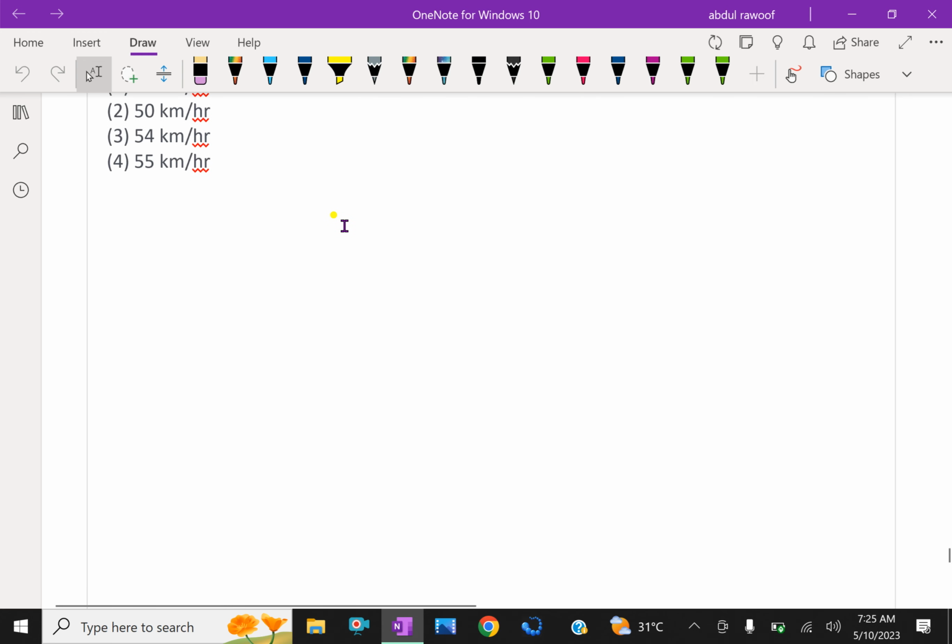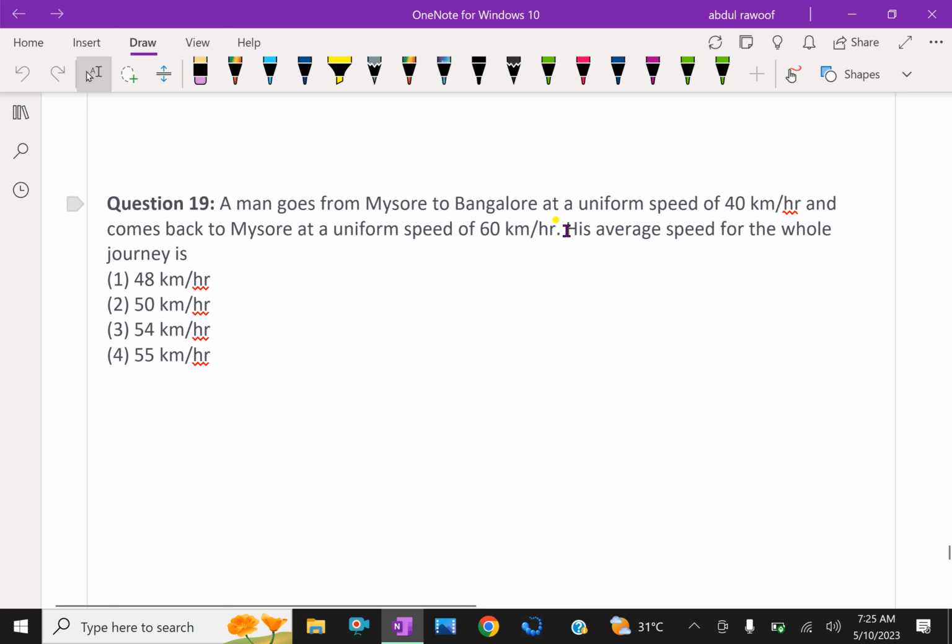A man goes from Mysore to Bangalore at a uniform speed of 40 km per hour and comes back to Mysore at a uniform speed of 60 km per hour. His average speed for the whole journey is?